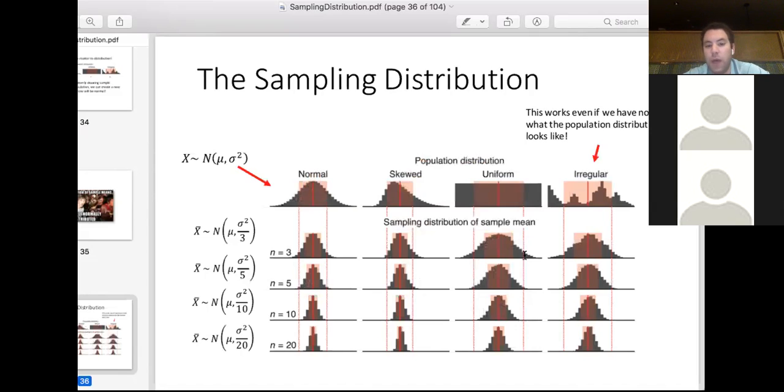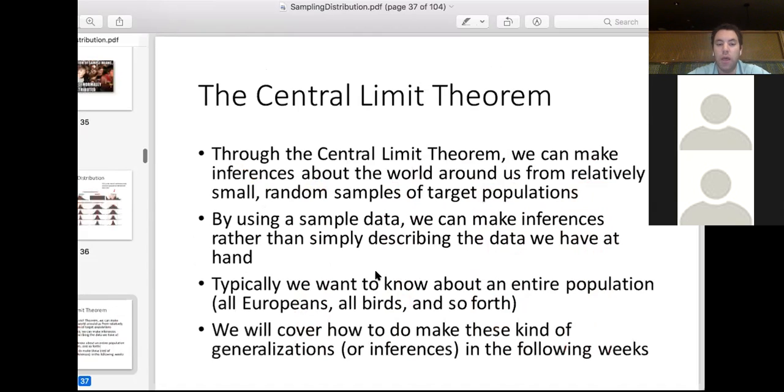Even if the population distribution is irregular, so long as we're taking a simple random sample, it will be approximately normal. Through the central limit theorem, we can then make inferences about the greater world around us from relatively small random samples of target populations.